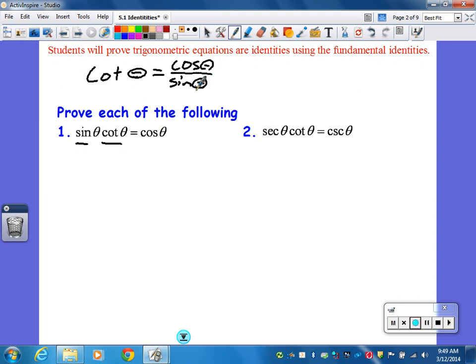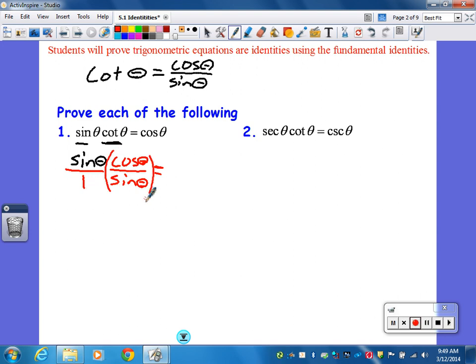Okay, so now let's begin. We know we're going to leave sine theta because it's already in sine cosine. Then cotangent theta, we're going to change to cosine theta over sine theta. Okay, so now let's think about this. We have sine over 1, and they're multiplying.